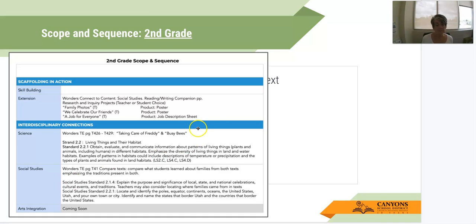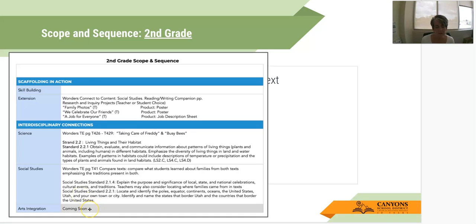There's also this component here, and this may or may not be filled out yet, depending on where we are in that sequence. But if you have this, there's a skill building for kids who can't access text, what it might be. And there's also some extensions that have been mapped in for you, as well as what might help you with science and social studies.